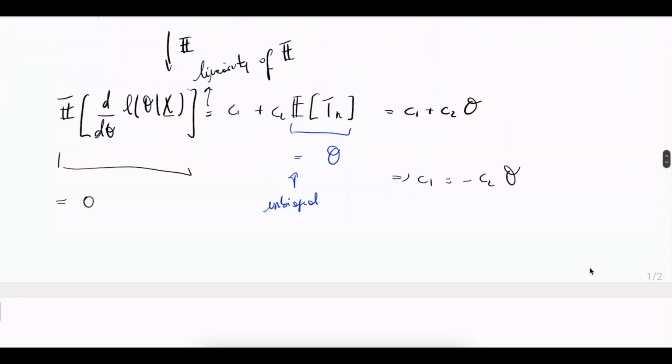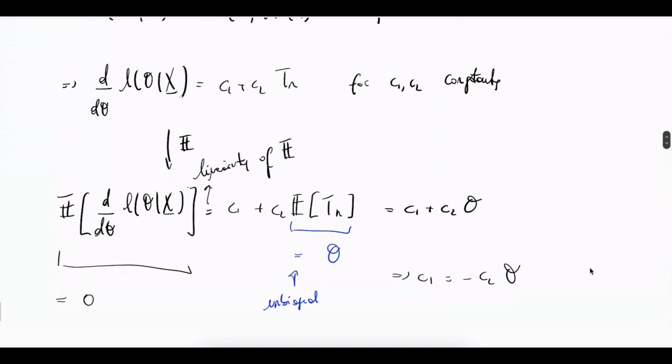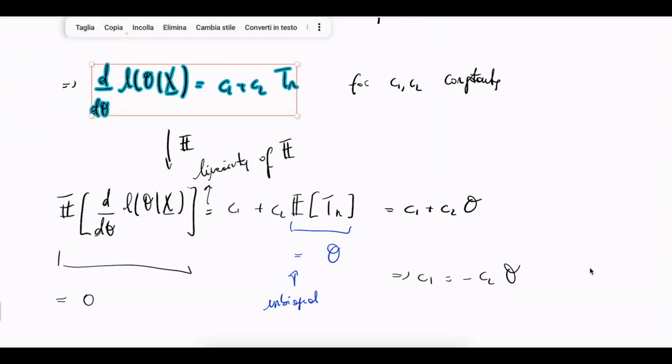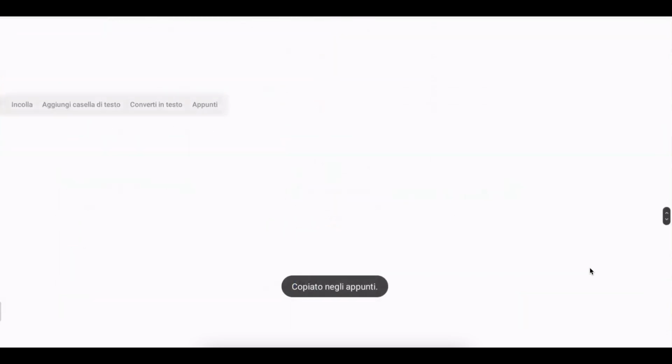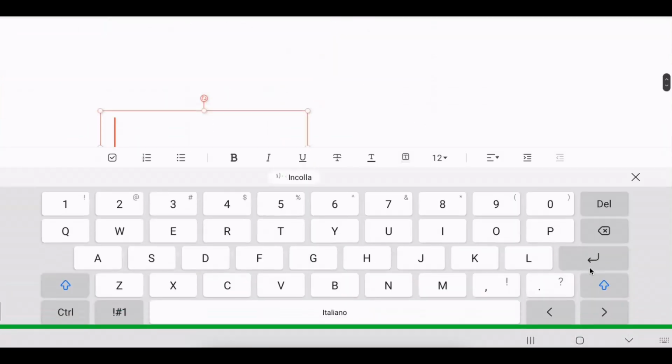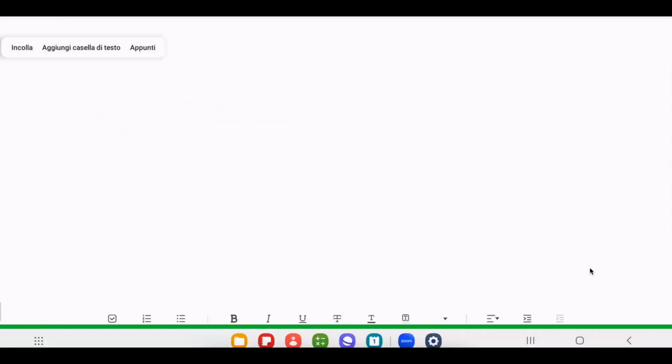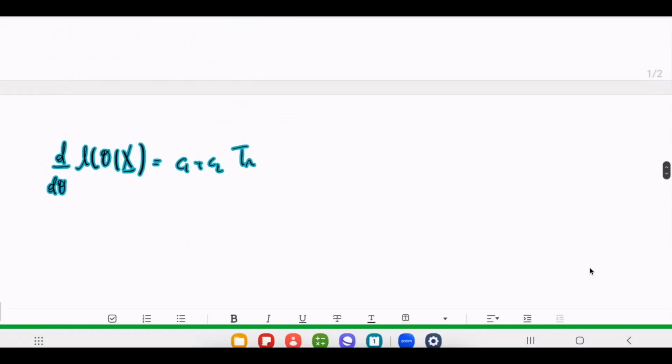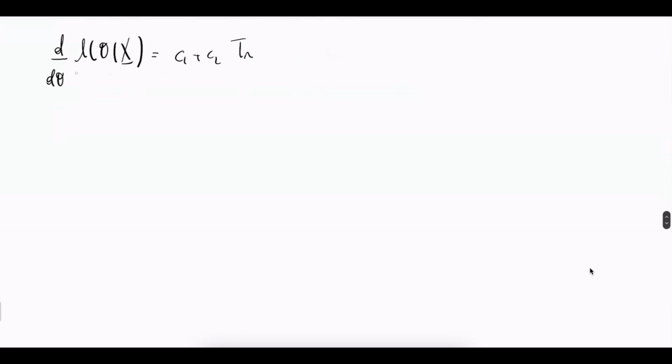But at this point, we can write this relationship, this equality. So C1 is equal to minus C2 theta. So the score function is C2 times Tn minus our parameter, right? Now, what do we do?